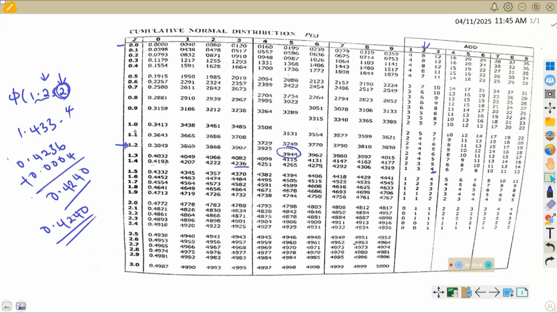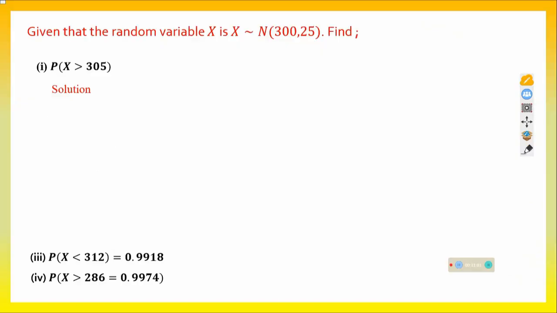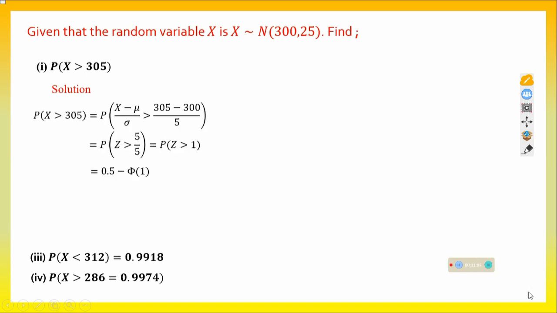So go to your table, look for 1.0, it becomes 0.3413. This is the value that you will take. Let us go through that very fast. So standardize: after standardizing, get P(Z greater than that). You subtract mu, then divide by standard deviation.